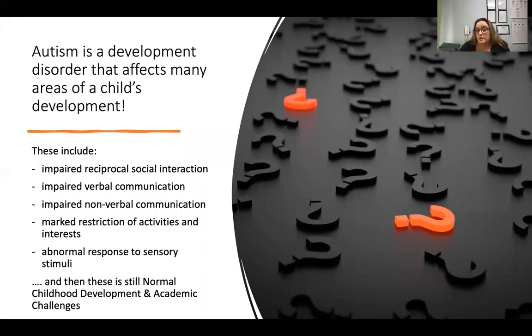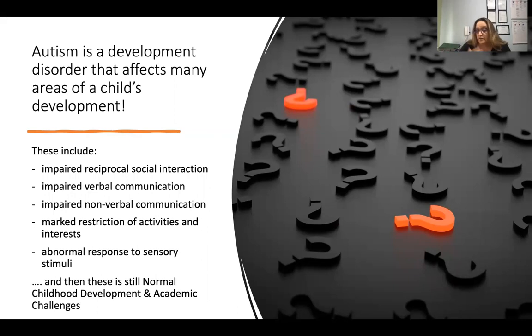If you've listened to previous Autism Daily talks, you'll know that this thing called autism spectrum disorder affects each child very differently. And it can include impaired reciprocal social interaction and impaired verbal communication.